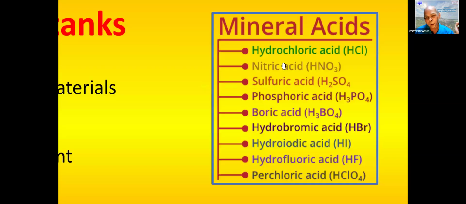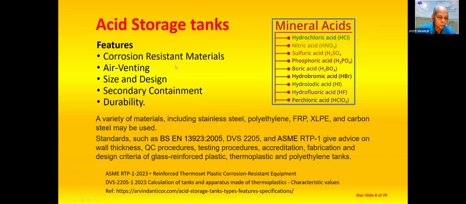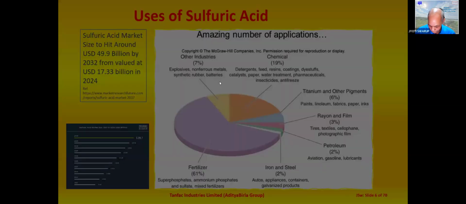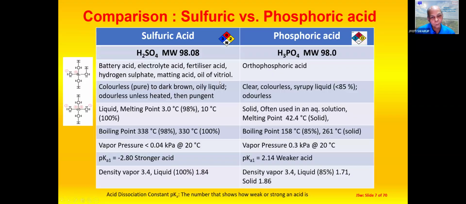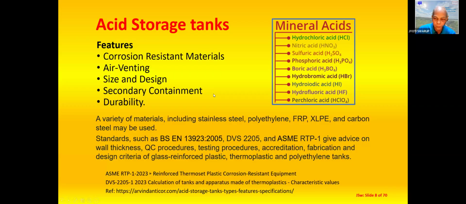Acids can be hydrochloric, nitric, sulphuric, phosphoric, boric acid, etc. The tank will be required to be of corrosion resistant material because it is acid. Air venting is a must for all the acid tanks. Size and design have to be suitable to the application, and a secondary containment is required so that in case of an accidental release, the liquid does not go out of that area.